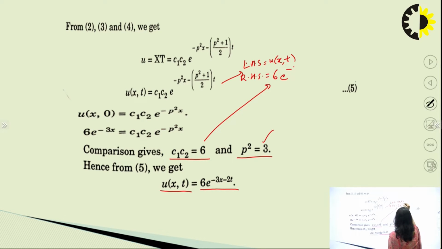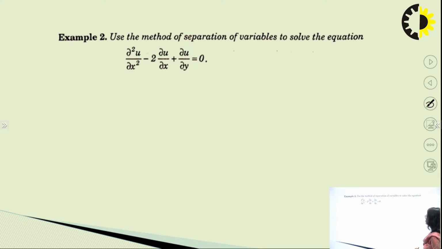So this is minus 3x minus (3 plus 1) by 2 t. So 3 plus 1 by 2 means I'll be getting this solution, that is 6 e to the power minus 3x minus 2t. So this is my answer.